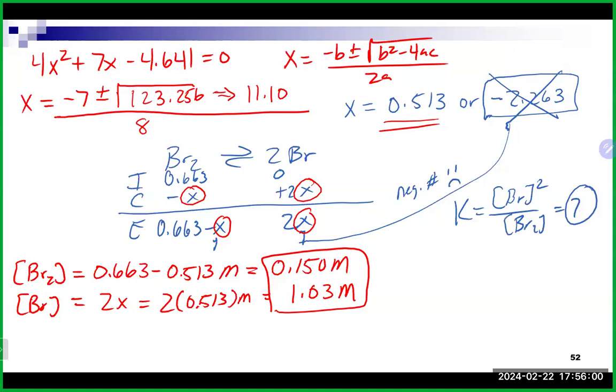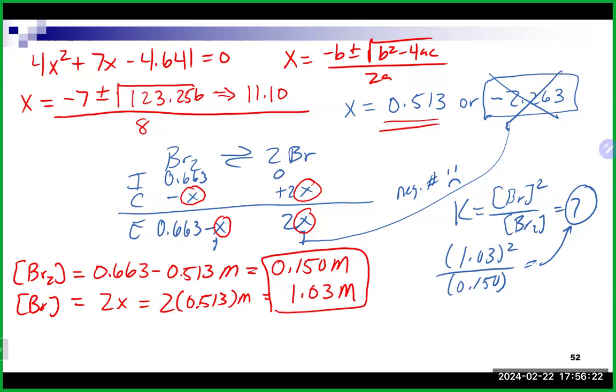So if you take those values that we just got and you do something like 1.03 squared divided by 0.150, you should get about 7. Won't be perfect, right, with some rounding and stuff like that, but you should definitely be in the ballpark. If you do that and you got like 120, you probably screwed up somewhere along the way, yeah?